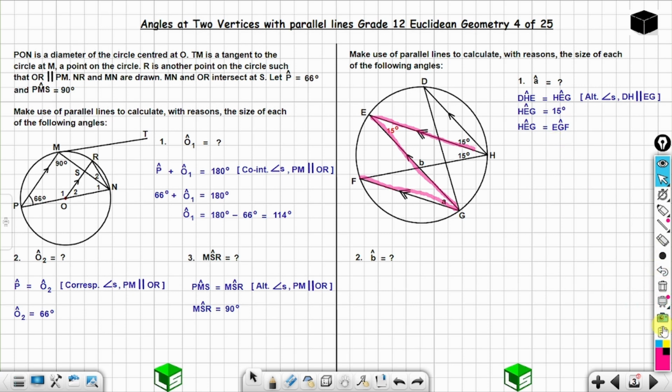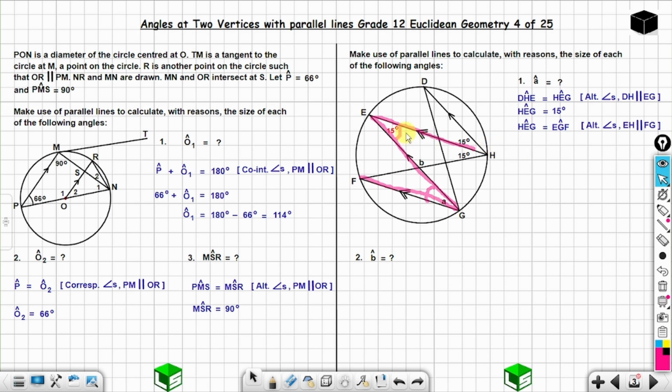This angle is equal to this angle. This is what I wrote here. You have your Z or N. The reason is alternating angles, EH parallel to FG. So now you have A.